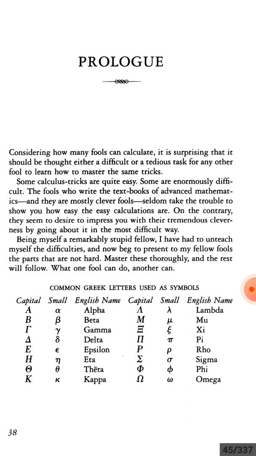Commonly used Greek letters as symbols. Capital A, small alpha. Capital B, beta. Capital gamma. Capital D, delta. Capital E, epsilon. Capital H, eta. Capital theta.